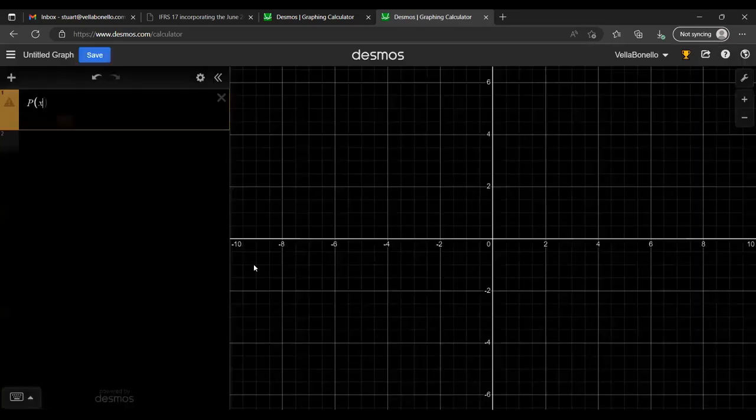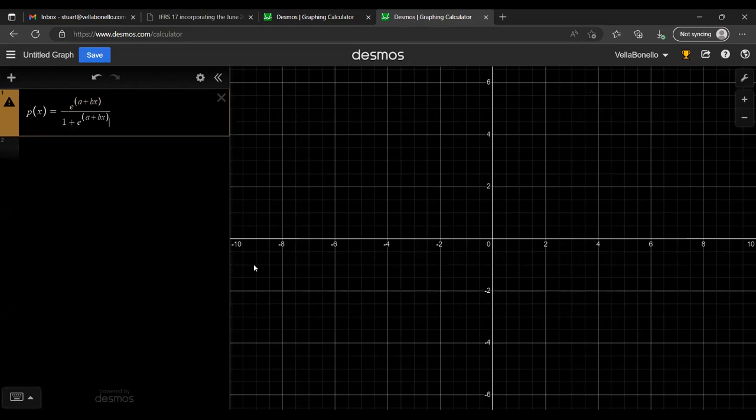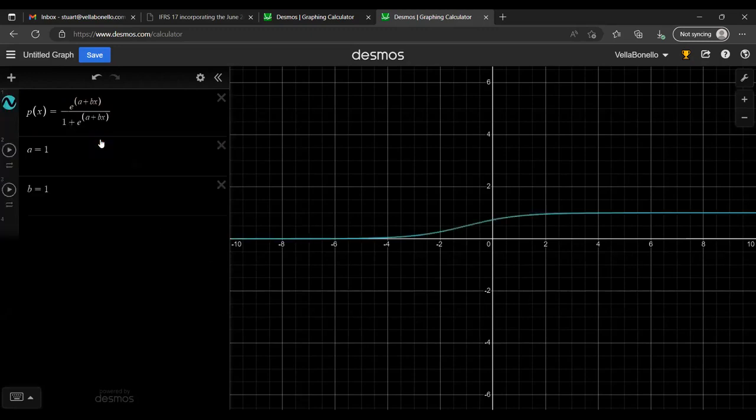So the function is p of x is equal to, I'm not entirely sure. Is it a plus? This must have a bit of an annoying feature. Yeah, that looks correct. Let me just have a look at the book.